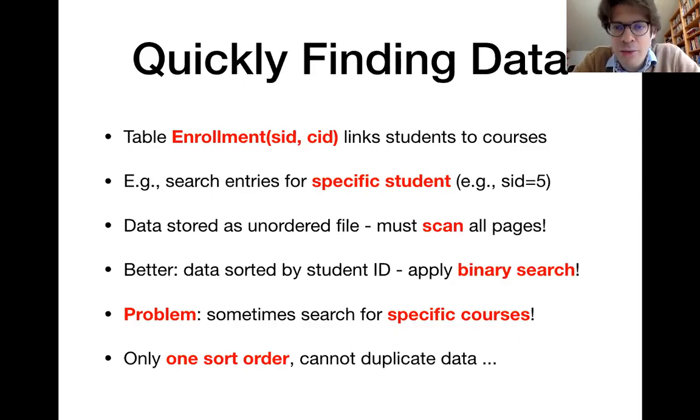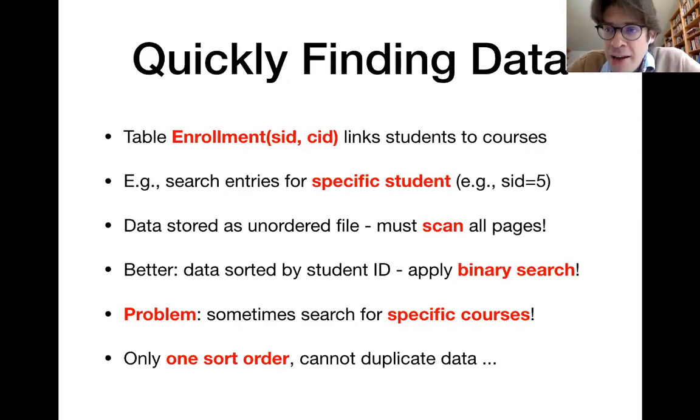Maybe we want to find the enrollment information for the student with SID 5. Now, if I store data using the format that I have introduced directly before, then I could, for instance, store the data from the enrollment relation as a collection of data pages, and might either have them as a linked list or as a directory.